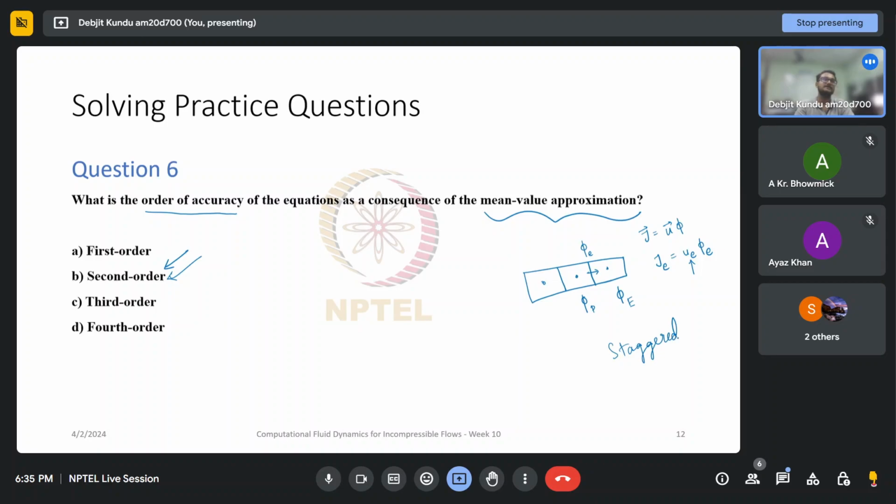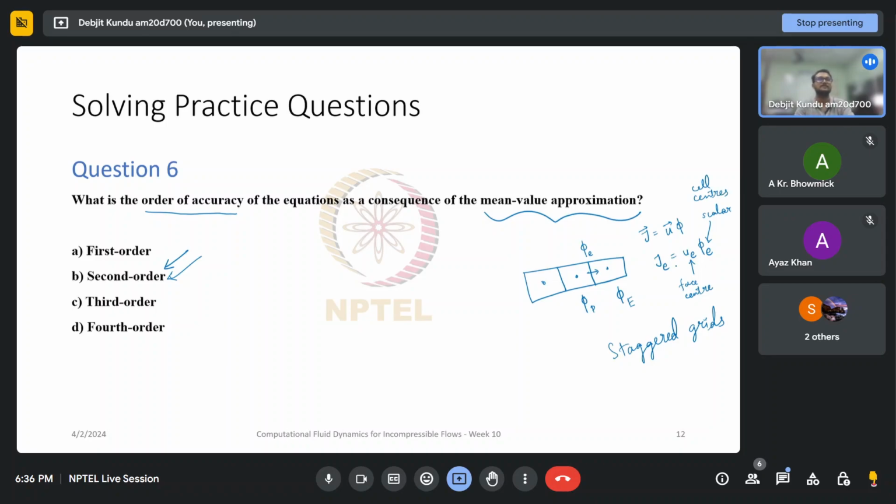So for staggered grids, velocities are stored at the cell faces, the face centers. But phi here is a scalar which is only stored at cell centers, not at the face center.